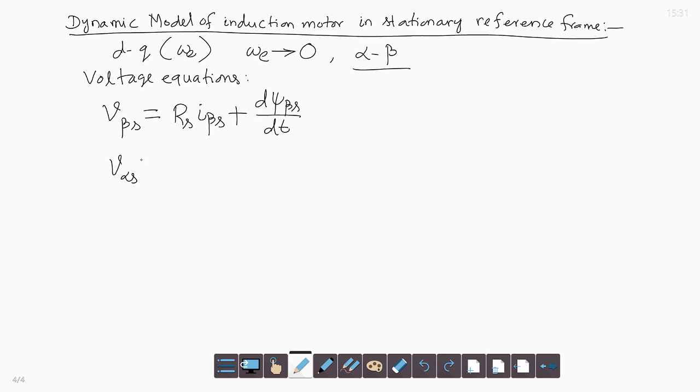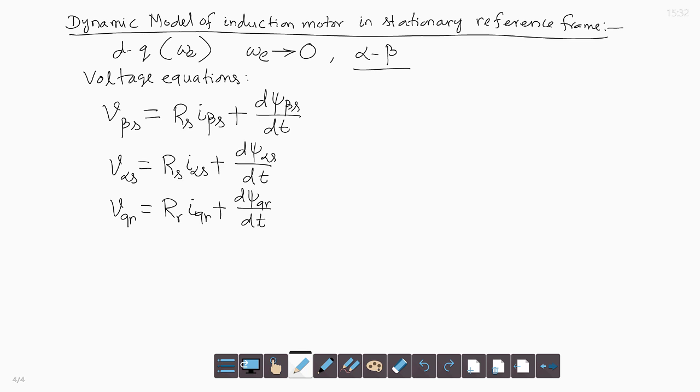And V alpha S is R S I alpha S plus transformer EMF d psi alpha S by dt. And VQR is RRIQR plus d psi QR by dt.